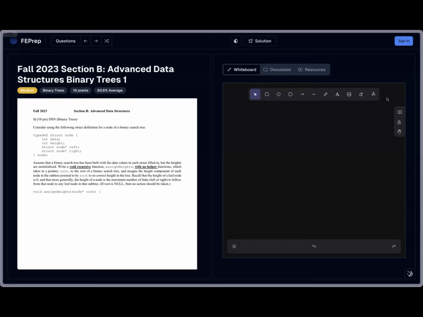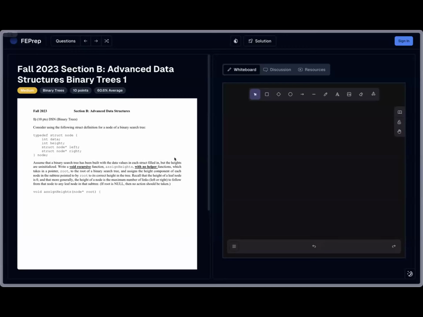All right, cool. So let's go ahead and start this problem. Consider using the following struct definition for a node of a binary search tree. So they give us the struct node and it takes in data, height, our left and right. Assume that a binary search tree has been built with the data values in each struct filled in, but the heights are uninitialized.